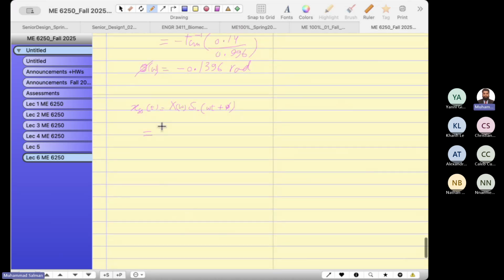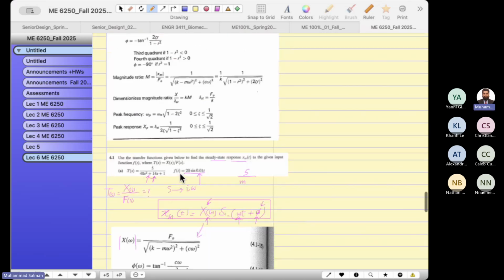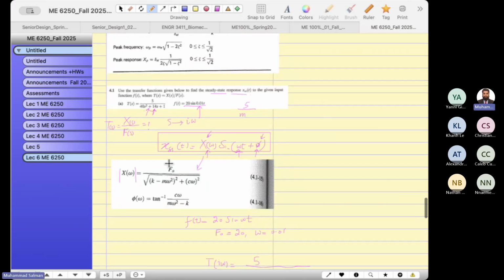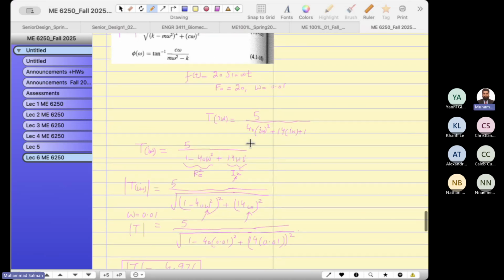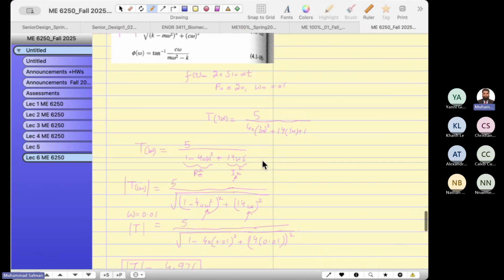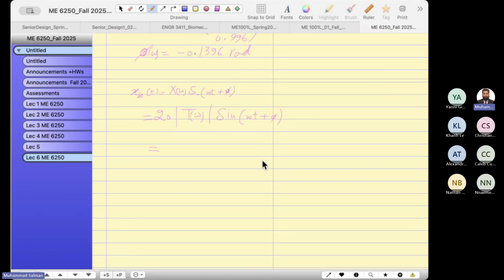Steady state displacement is 20 times, sine of omega t. So make sure you multiply by the F naught here, which is 20. Because I did not multiply by 20 in the beginning, I just wrote it down like this, and you have to multiply by 20. So 20 times, how much?